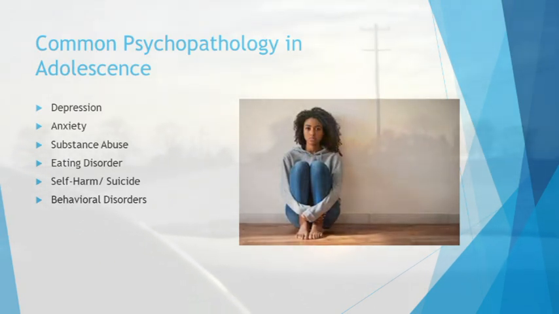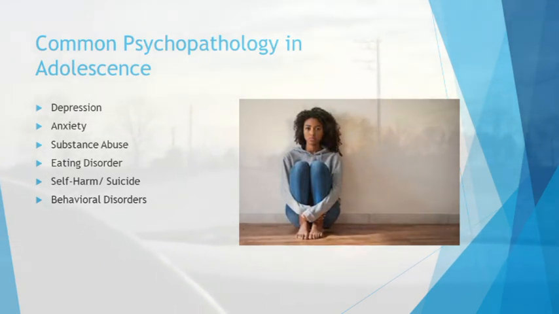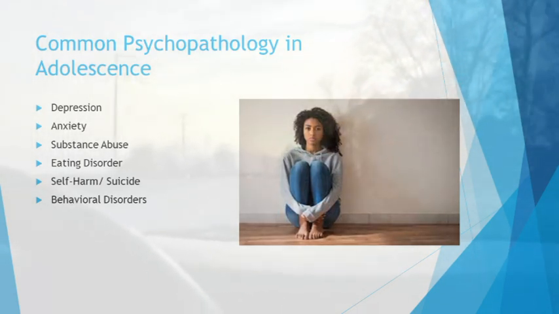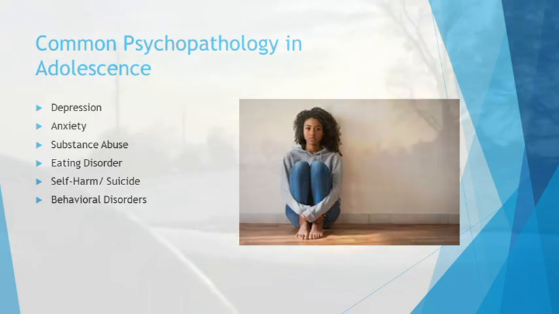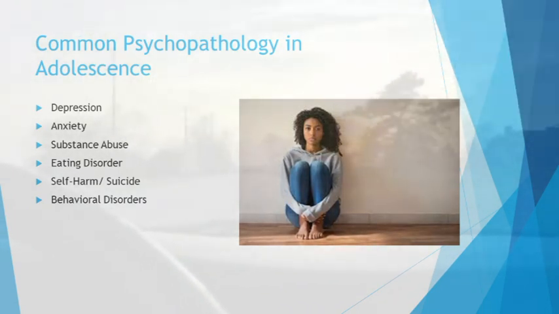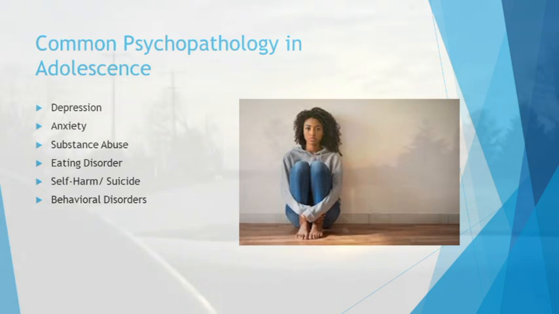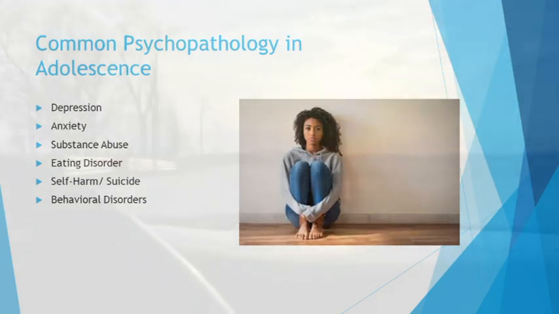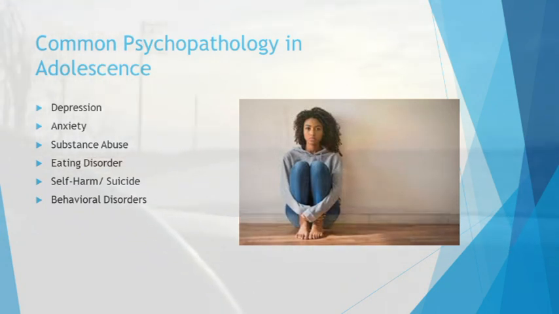Academic stress, social pressures, family dysfunction, traumatic experiences, and genetic factors may contribute as well to the onset, because at least a third of the population is genetically predisposed to being very susceptible to things like anxiety and depression.